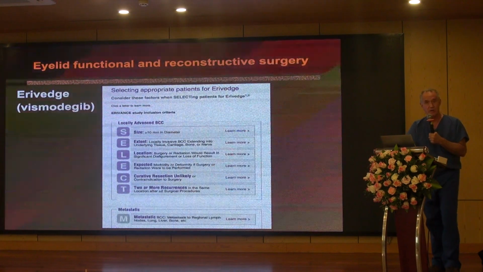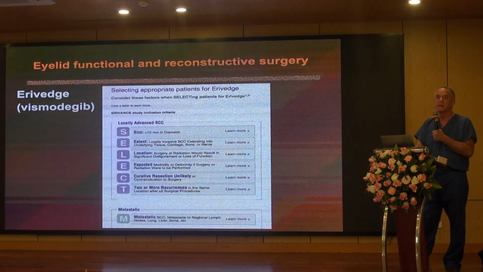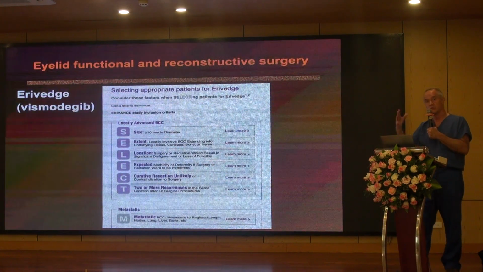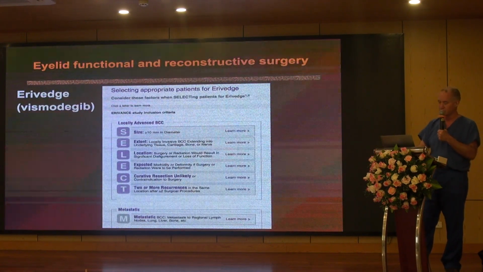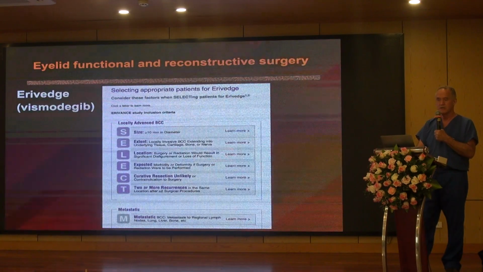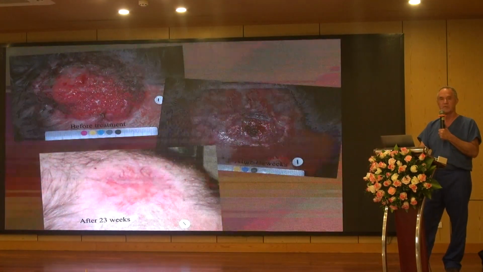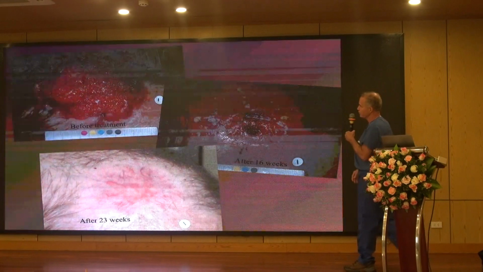It has to be a very large tumor, patient that usually has had previous surgery and the tumor recurred, or the patient's not healthy enough to have extensive surgery. So once they meet the criteria, then sometimes the insurance company will pay for these. And it's quite impressive.